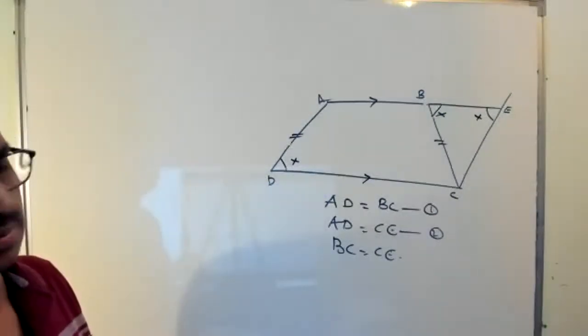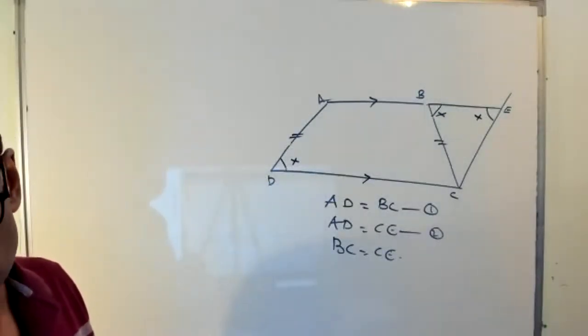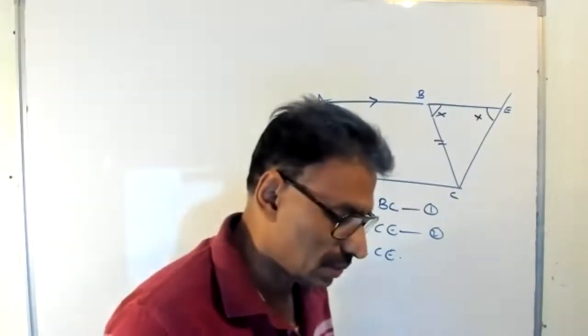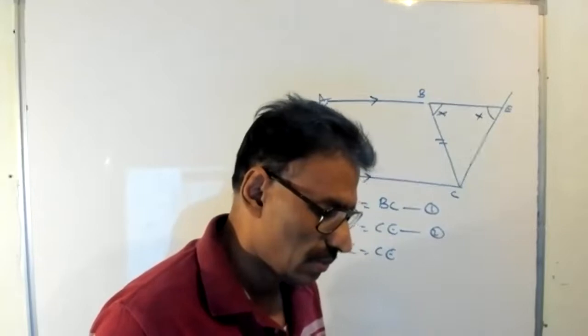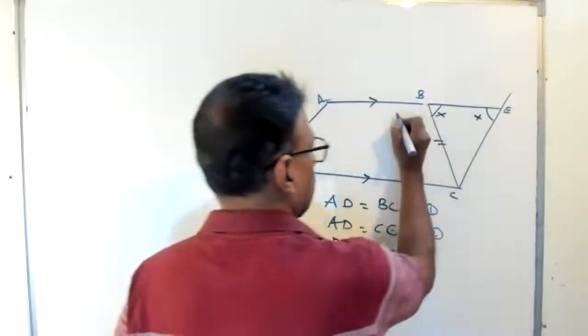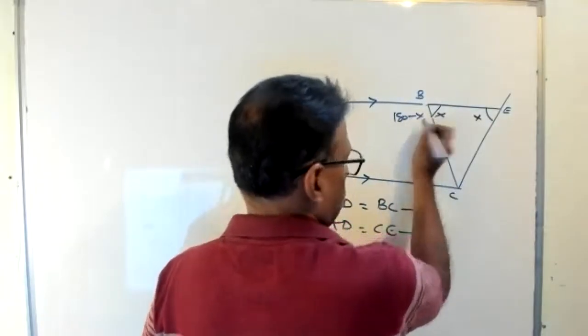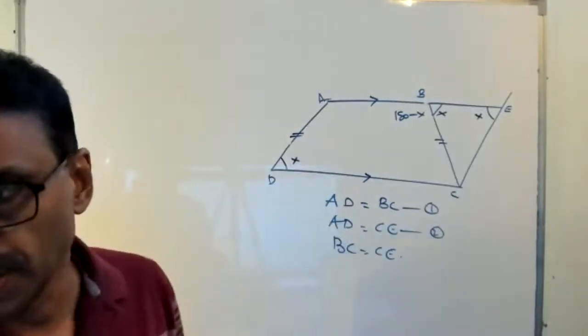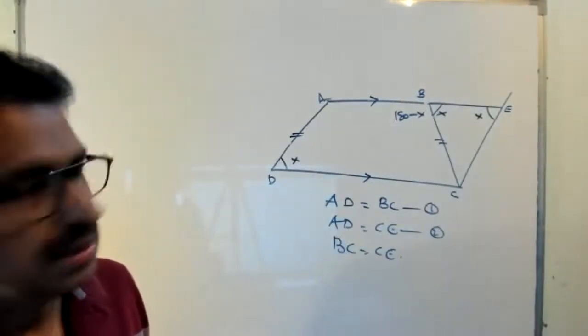ABC how much? 180 minus X, because of linear pair.